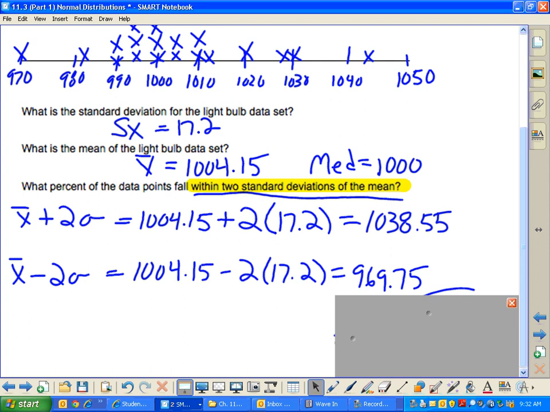I now need to go back to my set of 20 light bulbs, back to my data, and count how many light bulbs fall within this boundary. How many light bulbs are between 969.75 hours of life and 1,038.55 hours of life? You're going to go ahead and do that. Count them up.